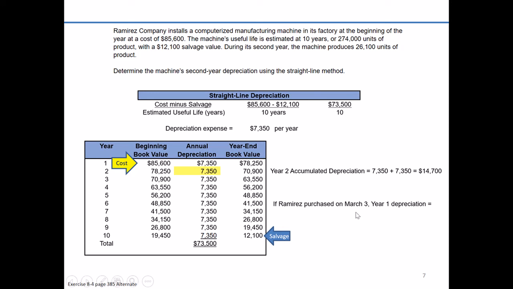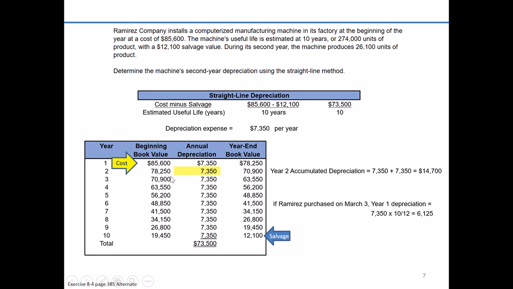So what we do is take year 1 depreciation of 7,350, and being that we purchased on March 3rd and we round up to the beginning of the month, we'll consider that we had that in operation for 10 of 12 months. So take 7,350 times 10/12, and we're going to estimate that our year 1 depreciation, instead of being the full 7,350, would be 6,125 if it was purchased on March 3rd.